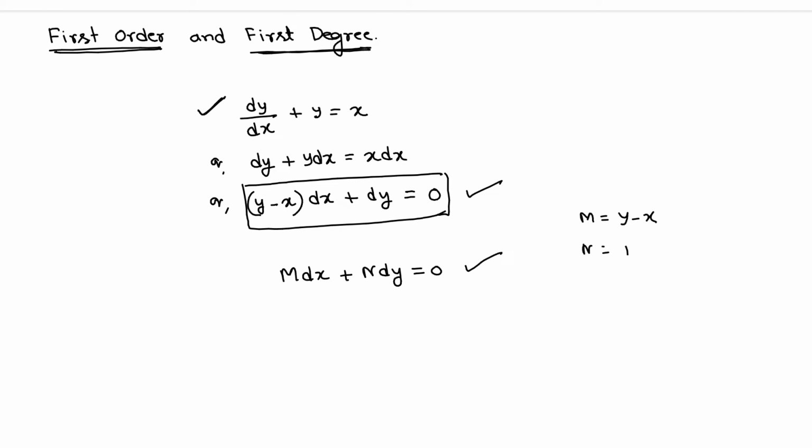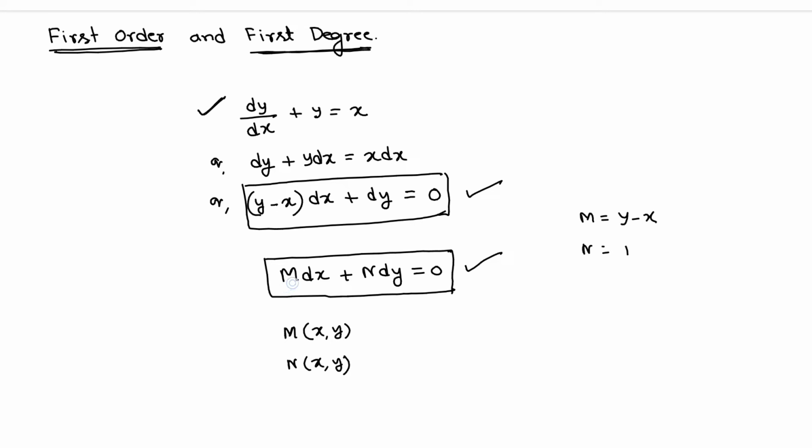So obviously any first order first degree differential equation, we can convert into this form. Clear? Where M is a function of x and y. Similarly N is a function of x and y. Okay, so M is a function of x and y, or maybe it is constant, and similarly N is a function of x and y. Clear?